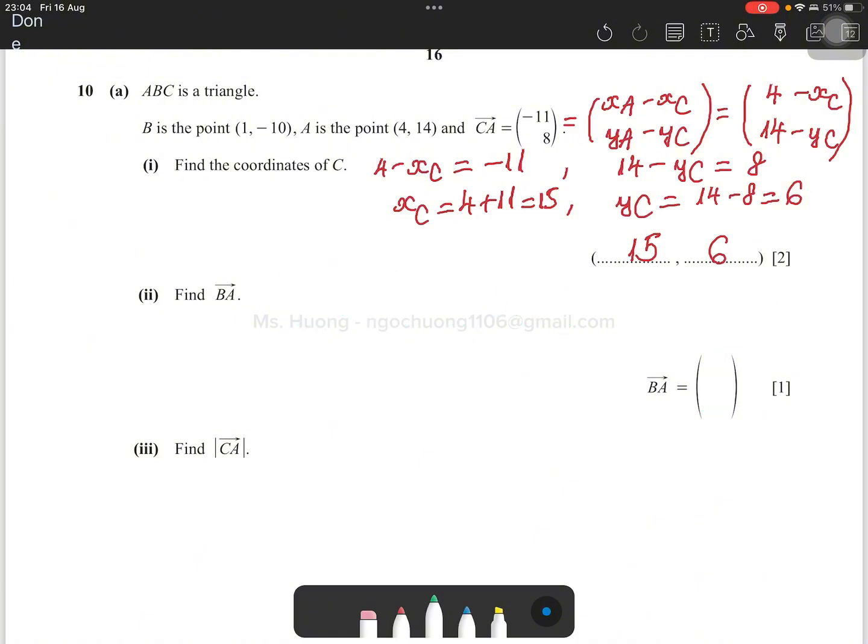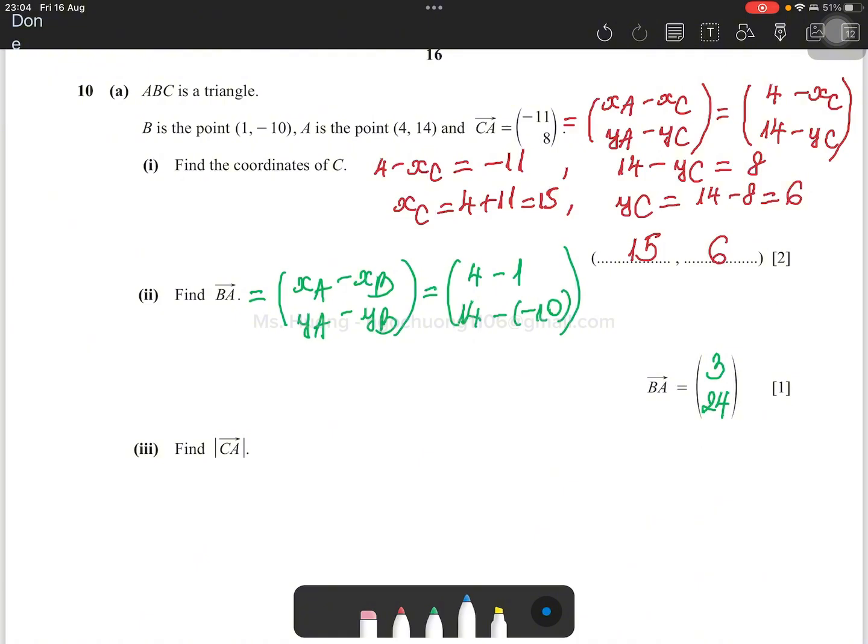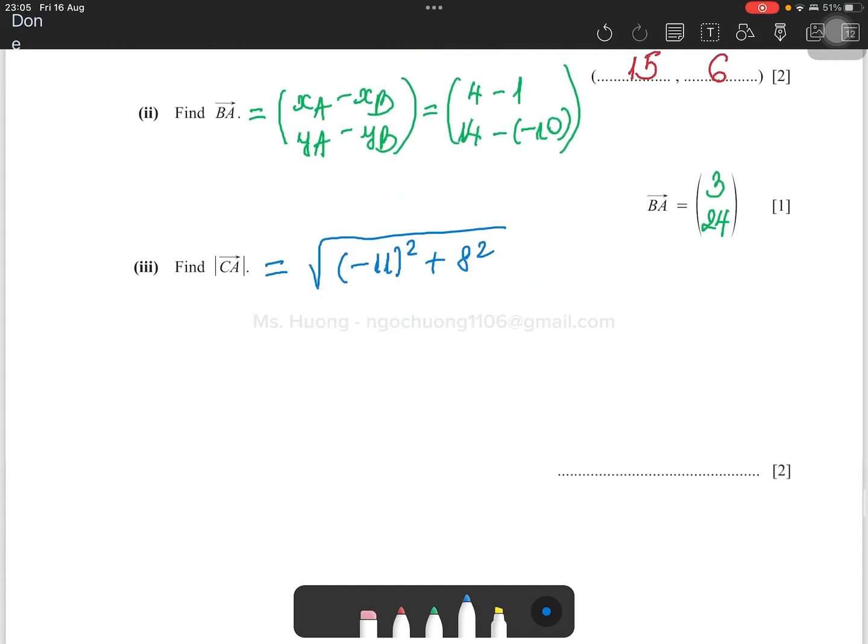Number 3, find the magnitude of the vector AC. This one is equal to the square root of negative 11 squared plus 8 squared, because this is the vector CA. And the answer for this is 13.6.